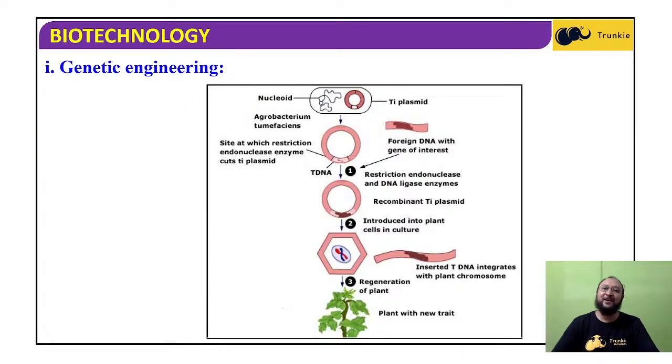Now, the nucleoid is there. You can see the Ti plasmid of Agrobacterium tumefaciens. This is the site at which the restriction endonuclease enzyme cuts the Ti plasmid T-DNA.